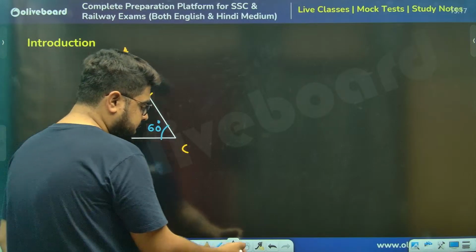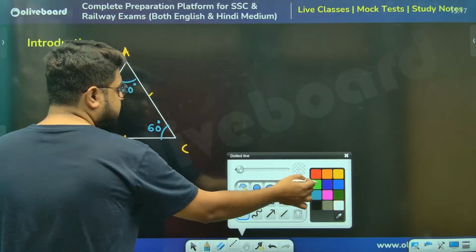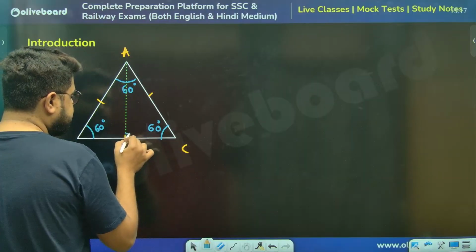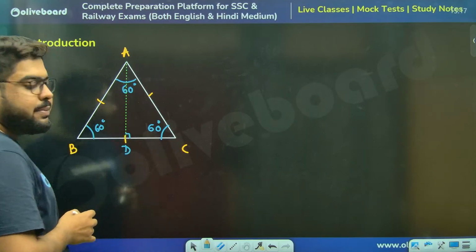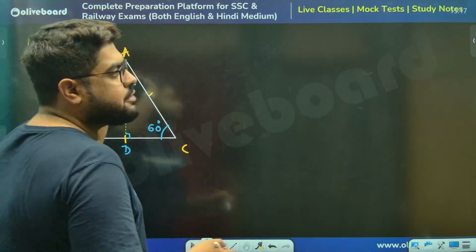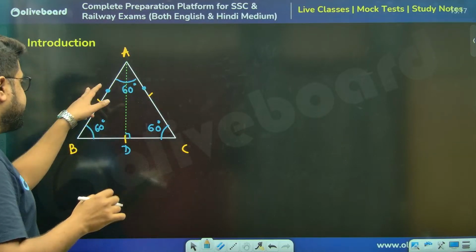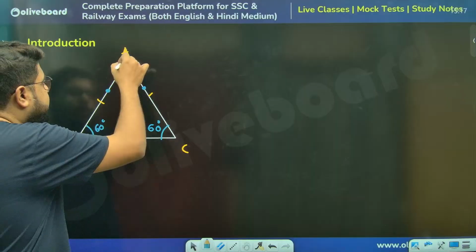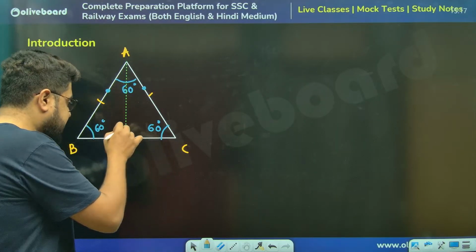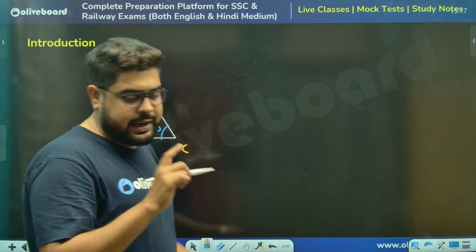Now, two things you need to know. First and foremost, what will be the height of this? If I drop a perpendicular, let's say this is the perpendicular, I'm naming it AD. Remember one simple logic: in any triangle, if two sides are equal, and you drop a perpendicular from their meeting point, meaning from this vertex, that will always bisect the other side, the base.